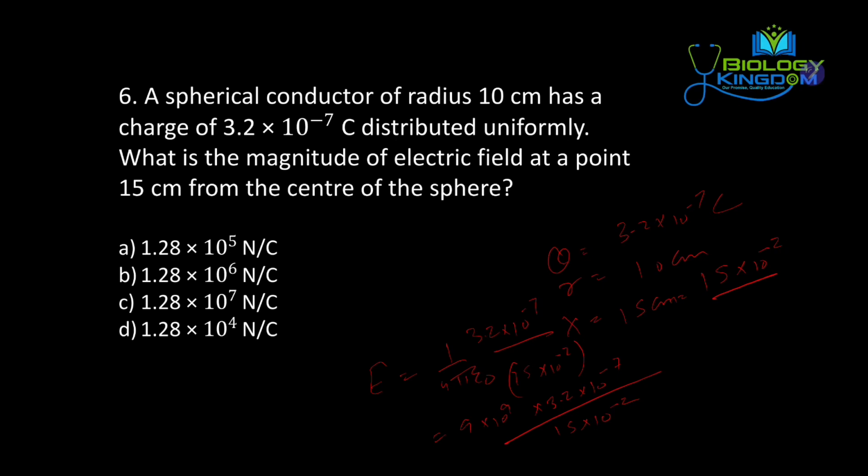If we solve the powers of 10, it will become 10 raised to power 9 into 10 raised to power minus 7 plus 2, so it will be 10 raised to power 4. Okay, so we have solved that. Now we are left with 9 into 3.2 upon 15. On solving this, we'll get 12.8 into 10 raised to power 4.